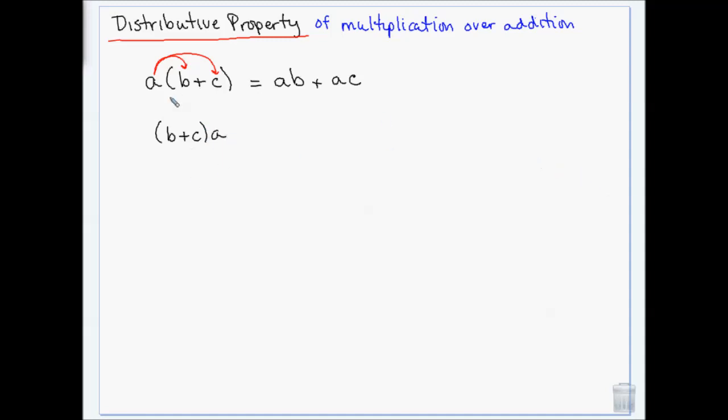So I can take this A and I can multiply it by B and I can multiply it by C and I get the same answer, AB plus AC.